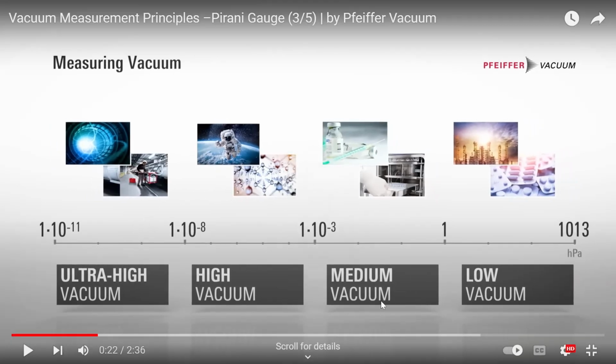Here you can see low vacuum, medium vacuum, high vacuum, and ultra high vacuum. The units are written in Pascal, so it is all about pressure, how much pressure there is with respect to atmospheric pressure.